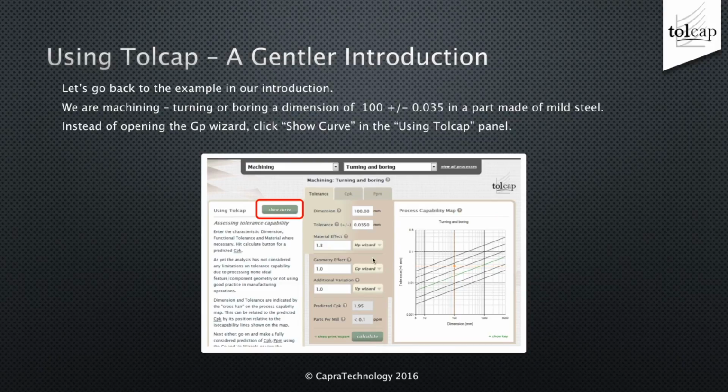Then you clicked on the MP Wizard button and selected mild steel to get a predicted CPK of 1.95. Now, instead of opening the GP Wizard, click Show Curve in the Using Tolcap panel.